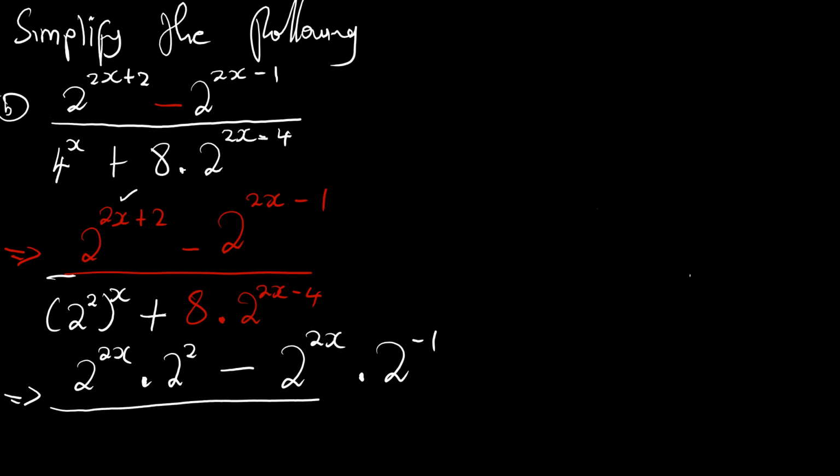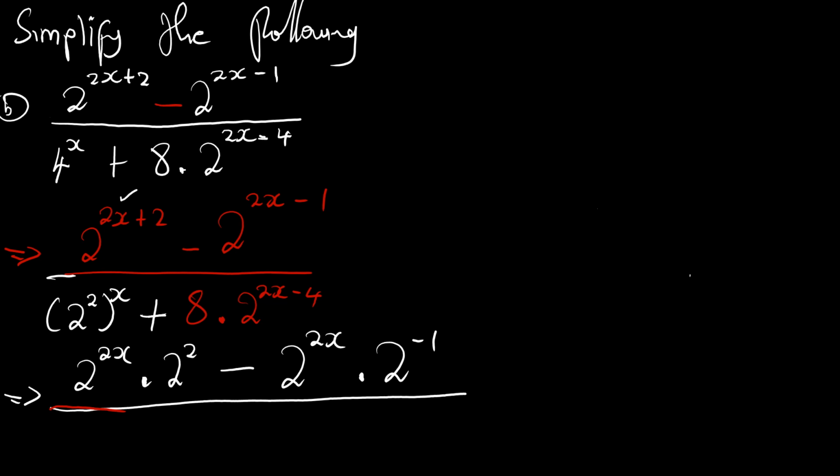We only split when we are simplifying an exponential expression where we'll be adding or subtracting. If it's all about multiplication like the previous example we did, there is no need to split. But if the expression has addition or subtraction, you need to split here.